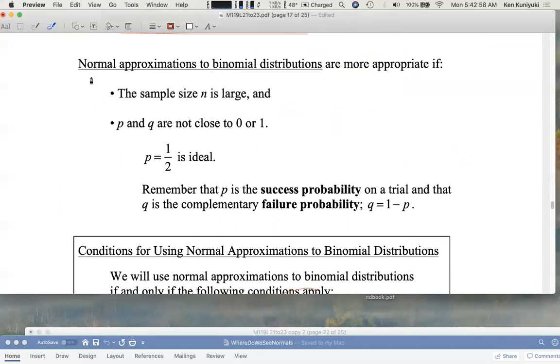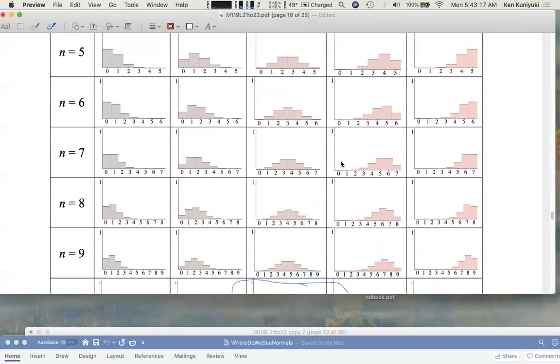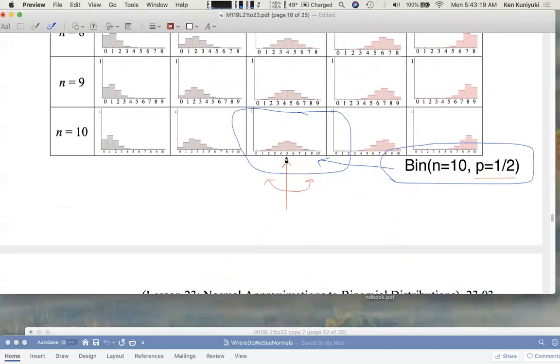So normal approximations to binomials are more appropriate if the sample size or the number of trials, n, is large, and if p is pretty close to 1/2, or at the very least, if p and q are not too close to 0 or 1. So here's the idea. If n equals 10, you really need p equals 1/2 in order for this to count as normal.